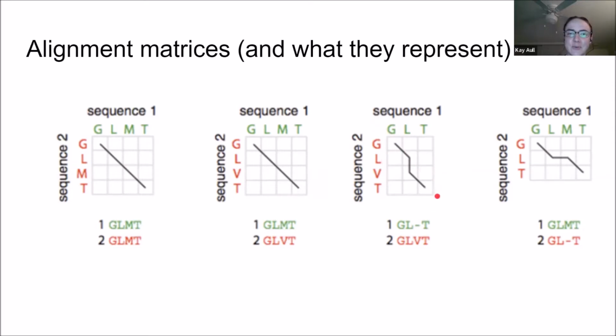And so what you do is you start in this lower right and say, okay, these are a match. I'm going to accept the T on both sequences and proceed back here. And I am not going to just accept that V. I am instead going to go up and just say, okay, we have not gotten to this L yet in sequence 1.